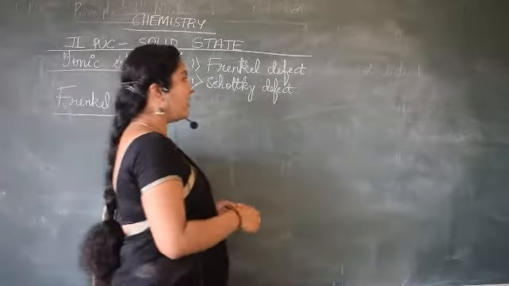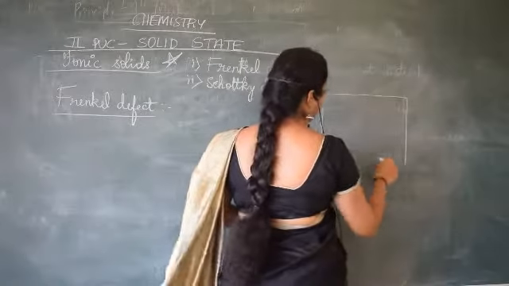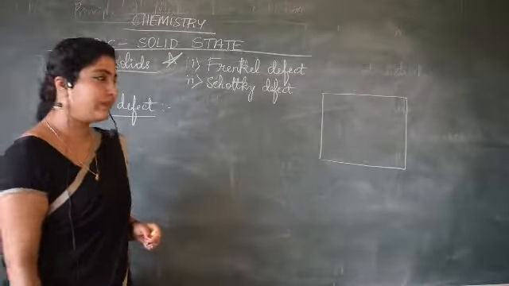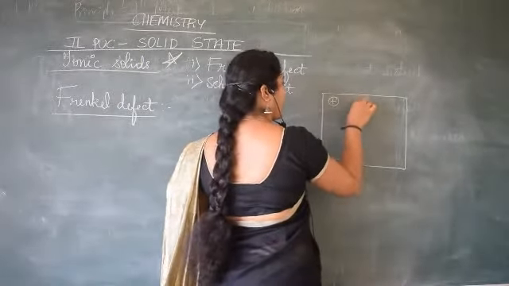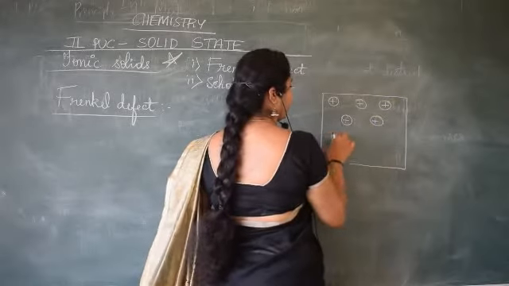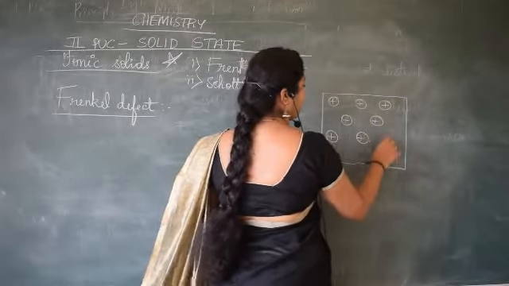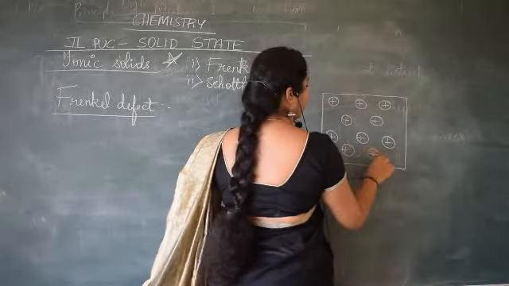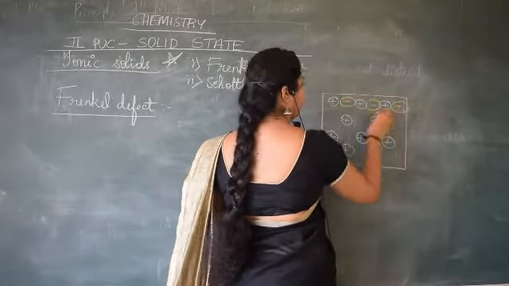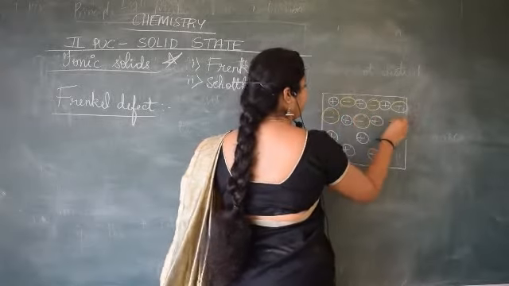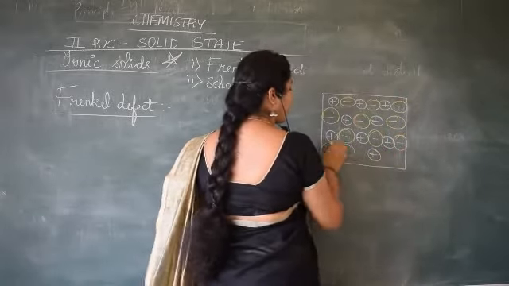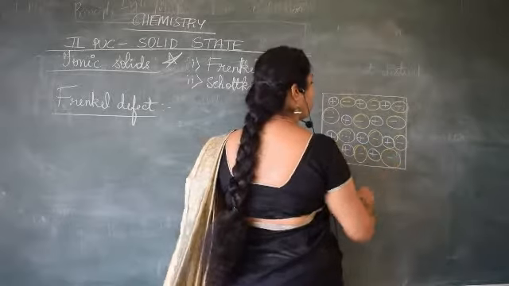Frenkel defect. In this defect, usually what happens is, this happens when the smaller ion is the cation and the larger ion is the anion. In the textbook they have given you both of the same size, but in fact Frenkel defect takes place when the cation is of smaller size and anion is of larger size.